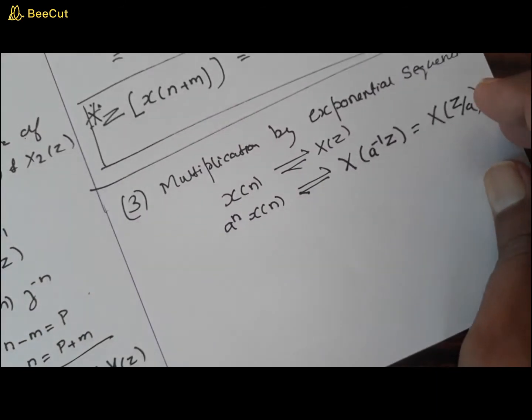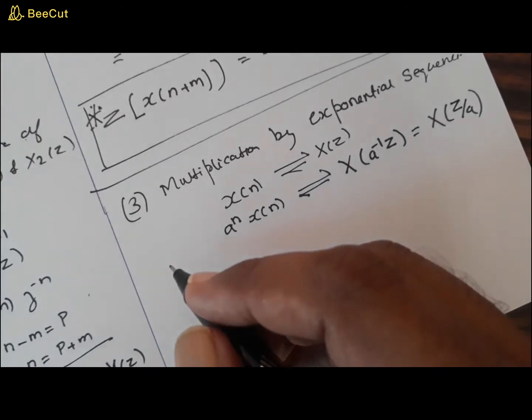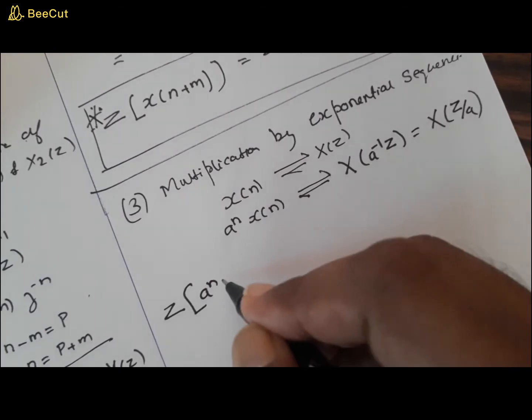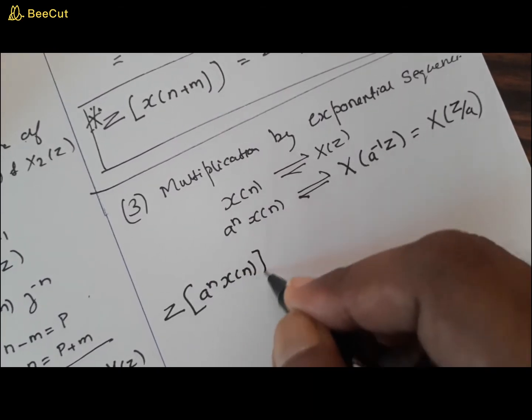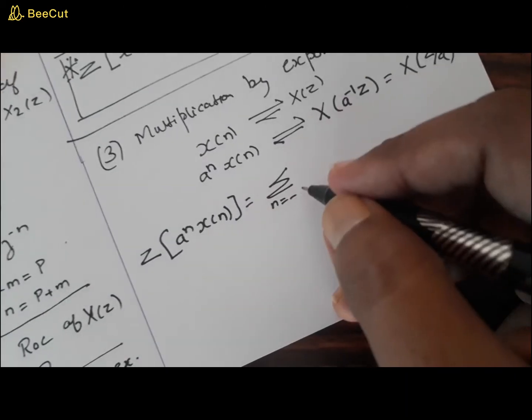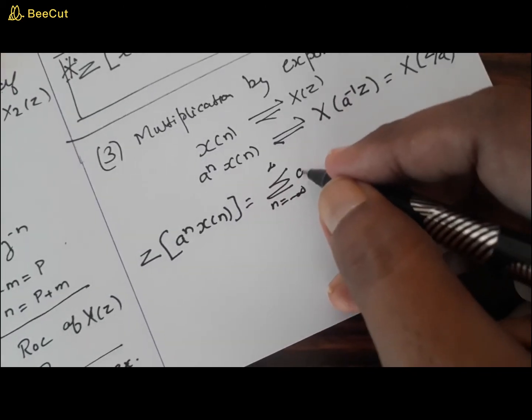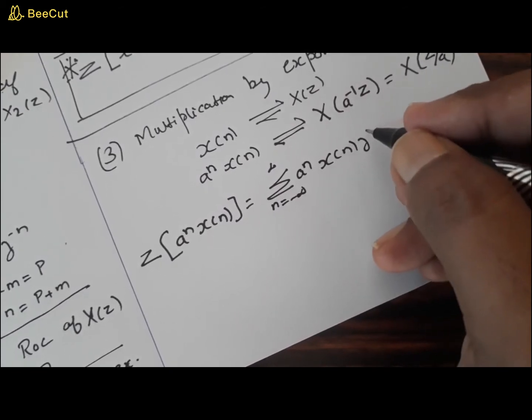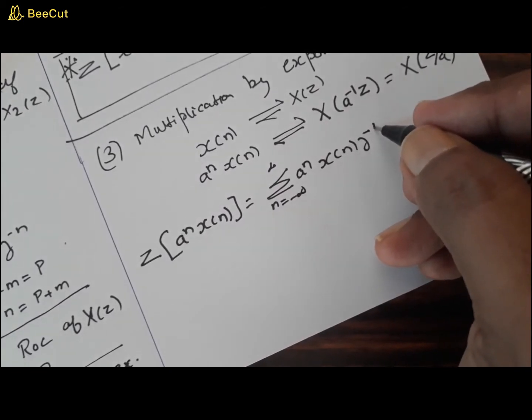Now we are going to prove that. In order to prove that, we find the Z transform of a raised to n into x of n, which is nothing but the sum from n equal to minus infinity to plus infinity of a raised to n into x of n into z raised to minus n.